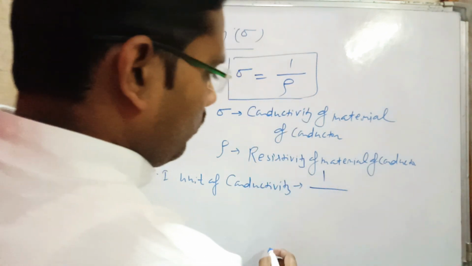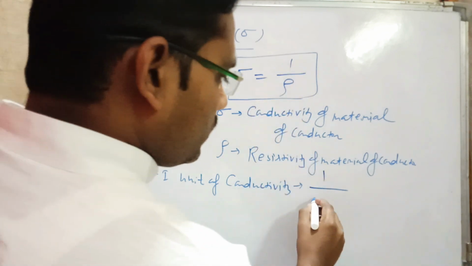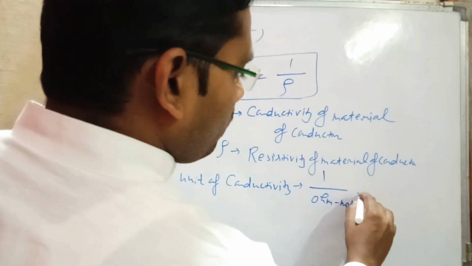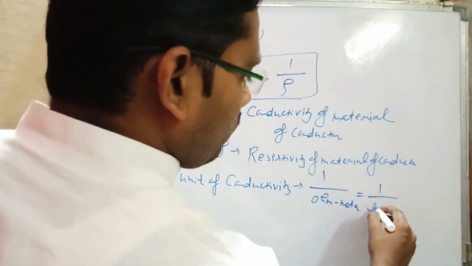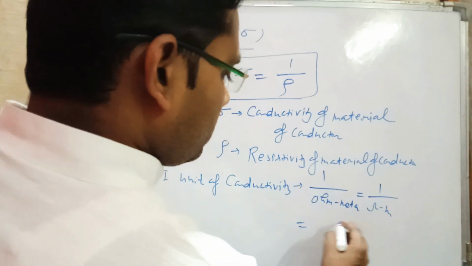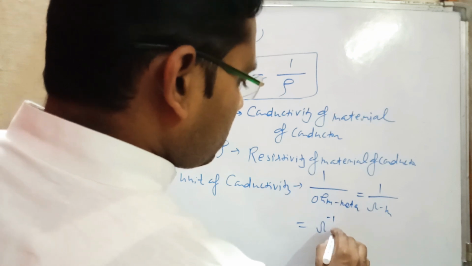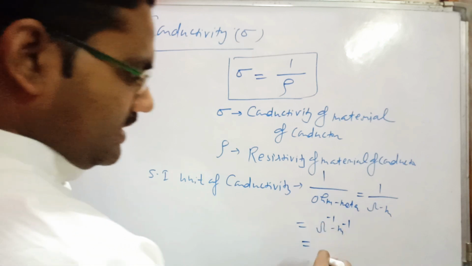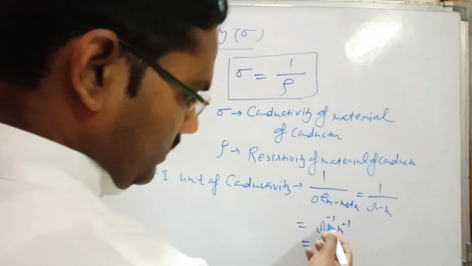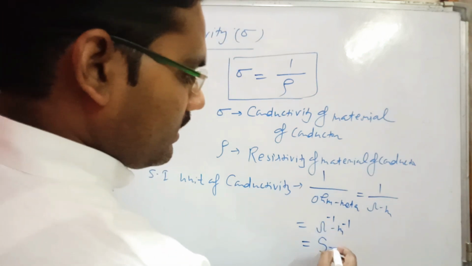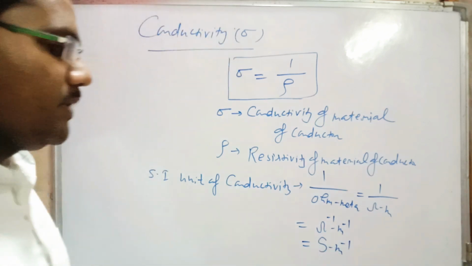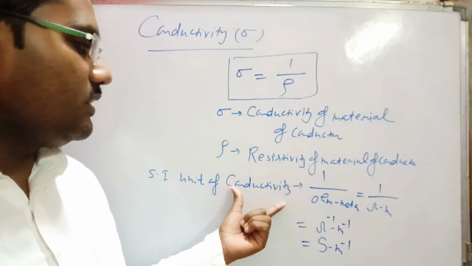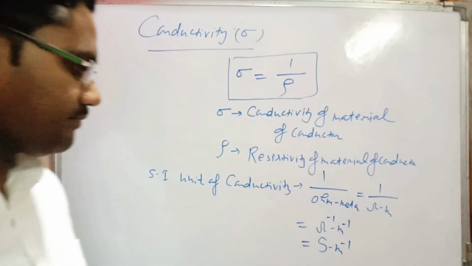The unit of resistivity is ohm meter, so the unit of conductivity is ohm inverse per meter. Ohm inverse is written as Siemens, whose symbol is capital S, so the SI unit of conductivity is Siemens per meter.